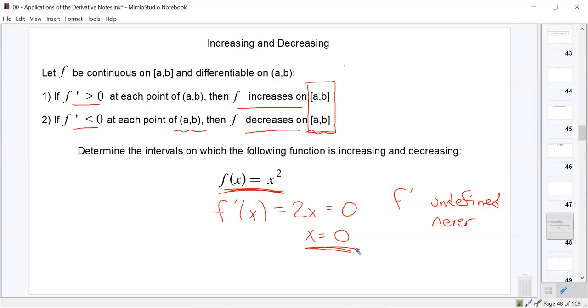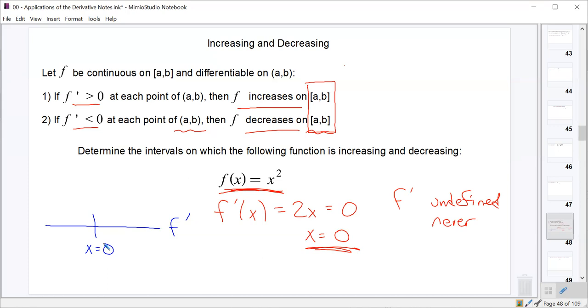And so what we'll do is make a sign chart, and I'm going to indicate that this is a sign chart for the derivative. And here's x equals 0 on my chart. Any value less than 0, when plugged into my derivative, should either make the derivative positive or make it negative.